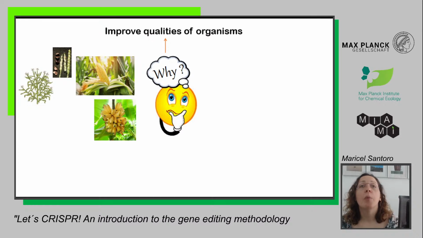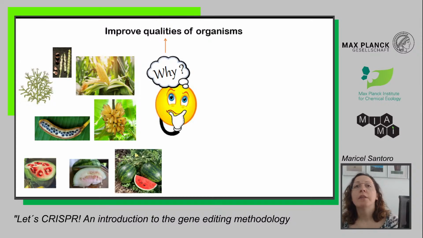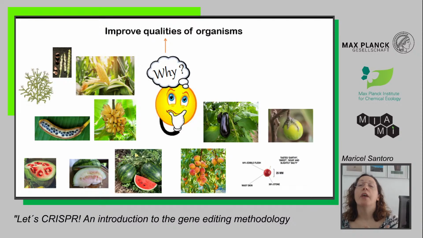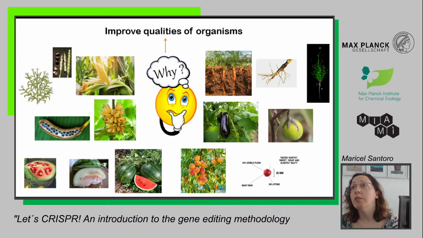And the same thing happens, for example, with banana, which is a seedless hybrid, while the wild banana is still like that nowadays, with a lot of seeds and probably not tasty, not with a lot of sugars. The same happened with the watermelon, with the peach, with the eggplants that didn't look at all like the eggplant that we have today. And carrots also, they didn't look like the tasty carrot that we have today.